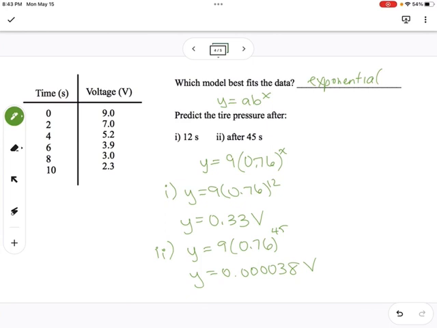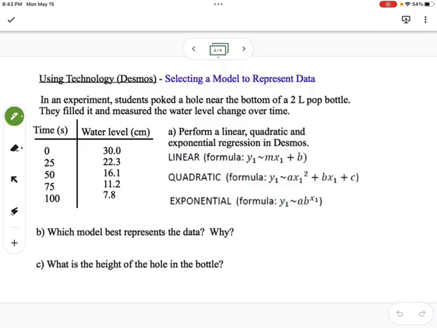So like our page before said, we can use our table of values and look at our first, second differences and our common ratio, or we can graph the data. So this next one here, we're going to use Desmos, and we're going to put in our table of values, and there's a way to have a line of best fit in each scenario, and that's with using these formulas.